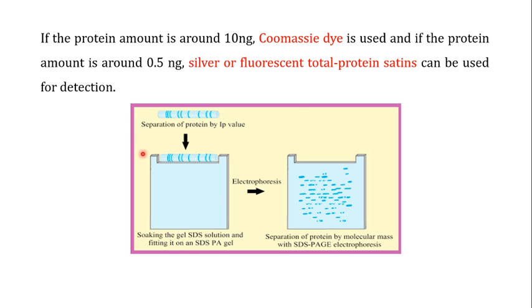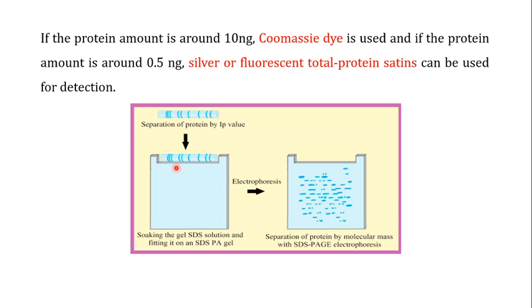Now this image is an overview of the whole process. What you do is you horizontally separate the proteins by the technique of isoelectric focusing, which separates the proteins based on their isoelectric point, and when they get separated by the isoelectric point, this is then inserted into the second dimension of the 2D PAGE, which is the SDS-PAGE.